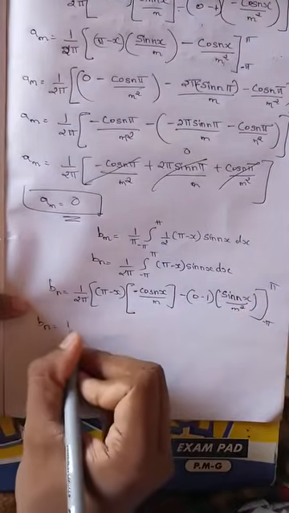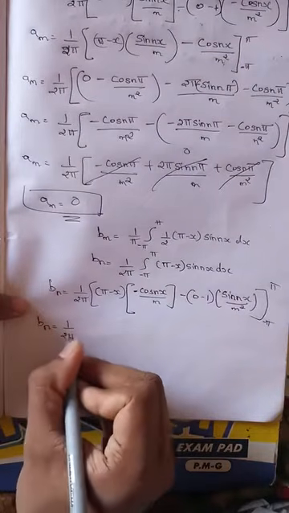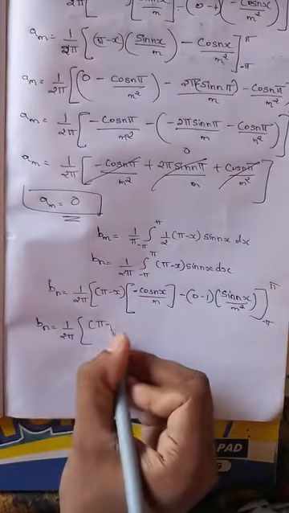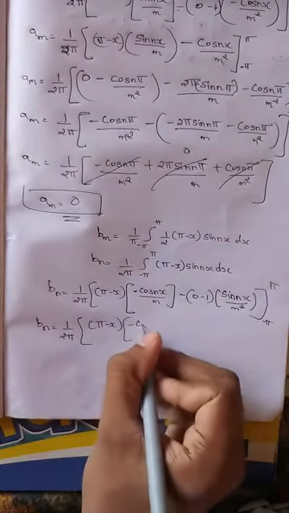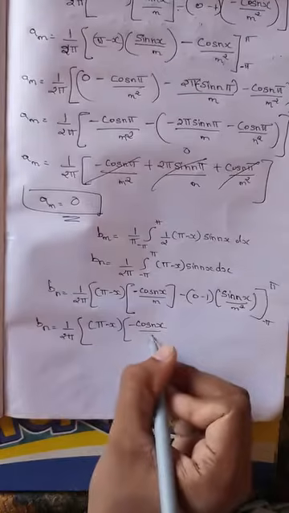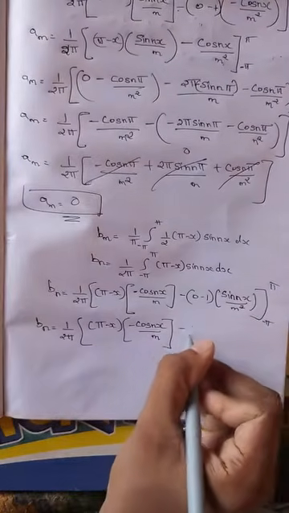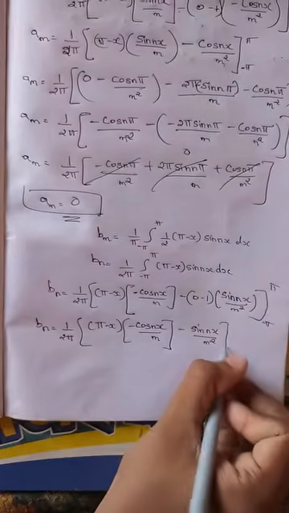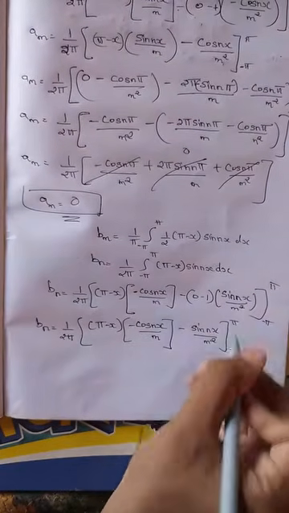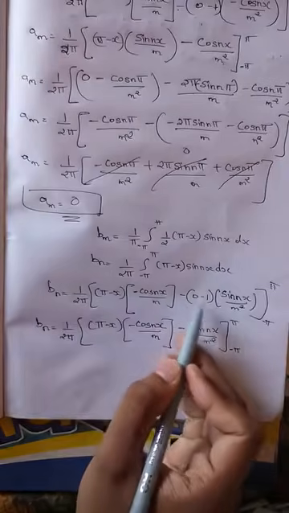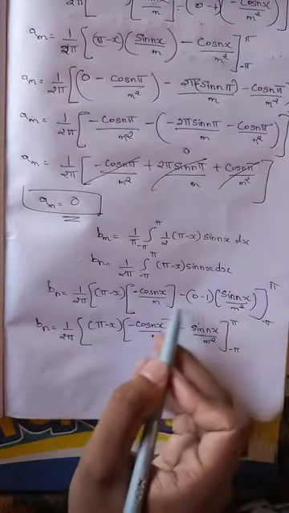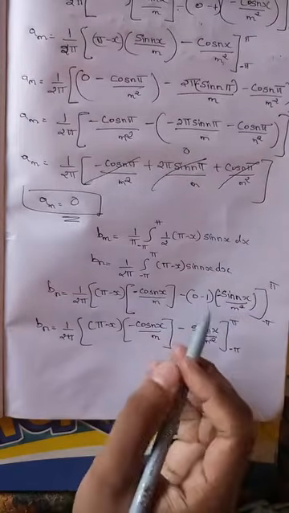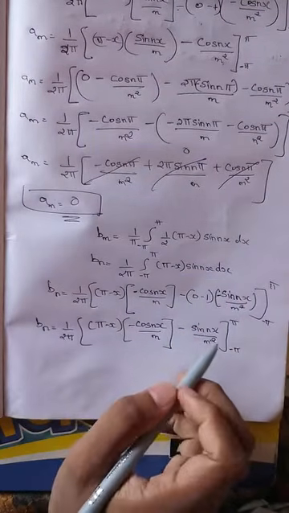So let's simplify this. Minus cos nx by n minus sin nx by n square. So again the same thing, 0 minus 1 is 1, so it becomes plus 1, so here it is minus, sorry, so this becomes minus sin nx by n square.